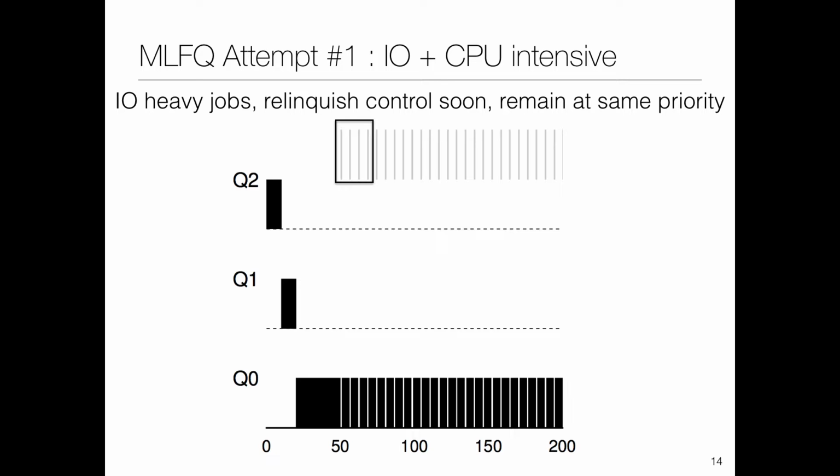It's put on the highest priority queue, but since it's accessing the disk very often, it's not using its entire time quantum. We keep it in the same priority state. So this job shown in gray remains at the highest priority for the entire duration. Now, is this problematic?